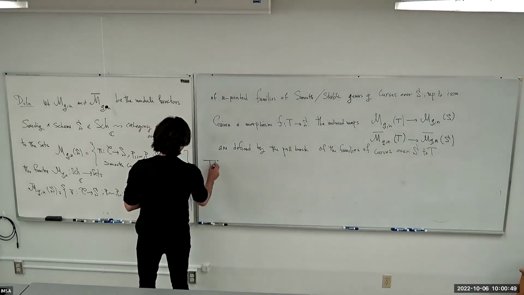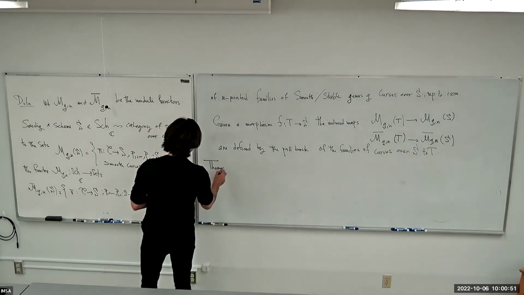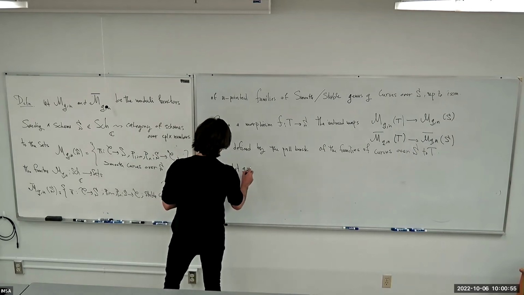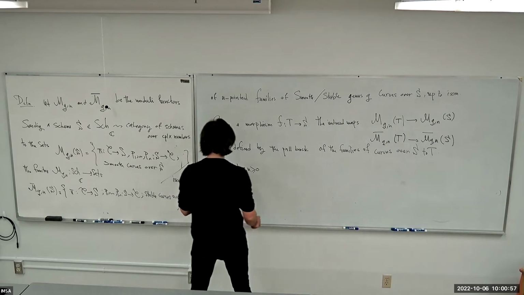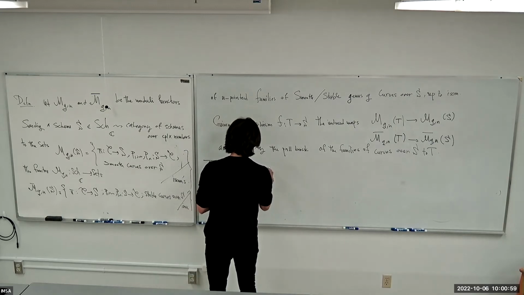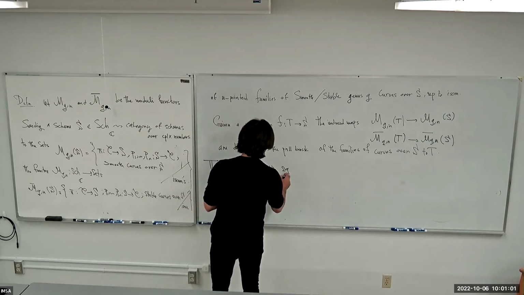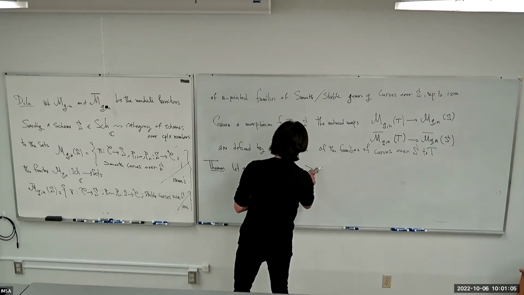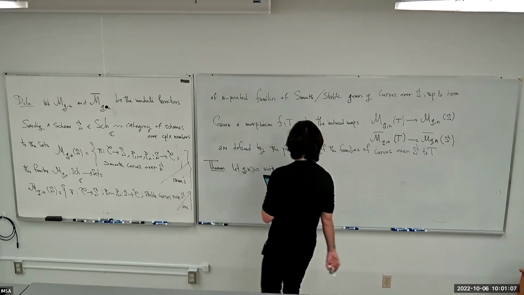So then I have a theorem. Let g and n be two positive integers or 0, with the condition 2g minus 2 plus n strictly bigger than 0.